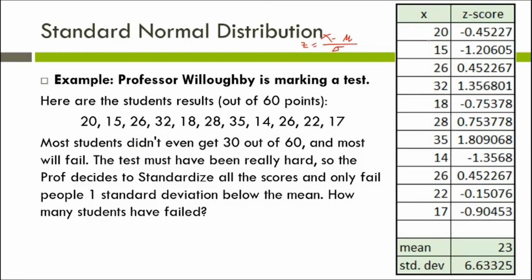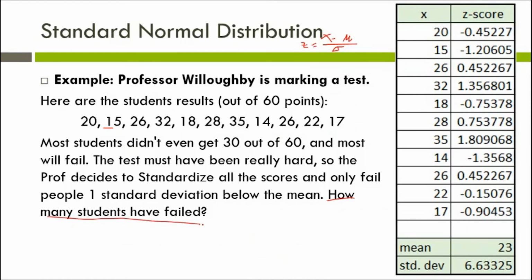For 20, that is negative 0.45227 approximately. For 15, when x is equal to 15, that's negative 1.20605, and so on.